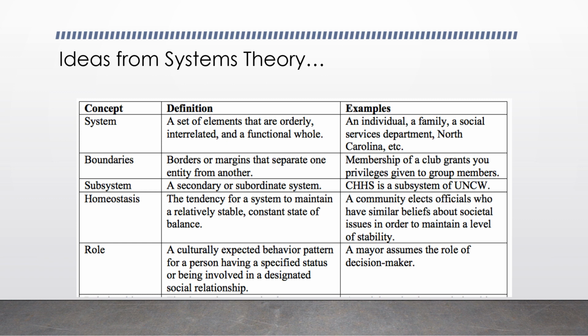Things are going to stay pretty much the same. Okay, then we also have the idea of role. Roles are culturally expected behavioral patterns for a person having a specified status or being involved in a designated social relationship. For instance, a mayor assumes the role of decision maker.